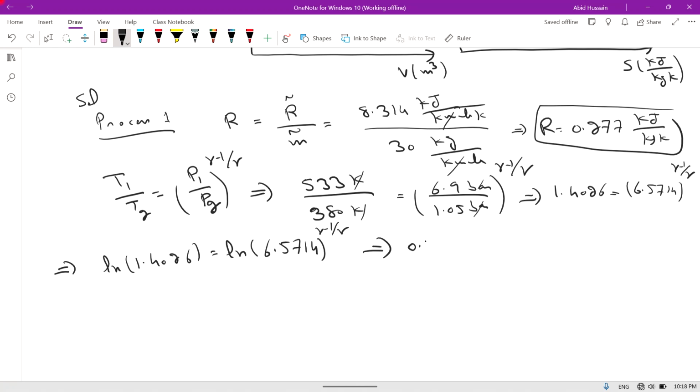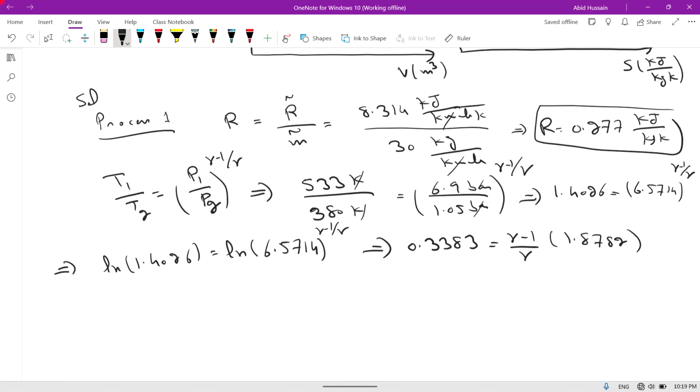So the natural log of 1.4026 is 0.3383. According to the law of logarithm, this equals (gamma minus 1) divided by gamma, times the natural log of 6.5714, which is 1.8782. Now we are further solving this problem.